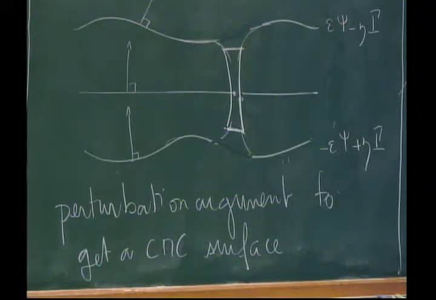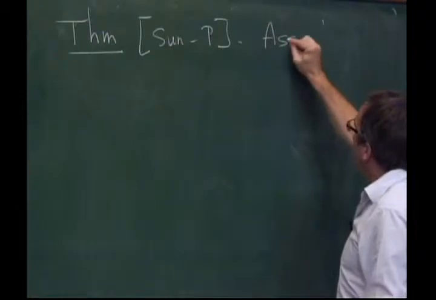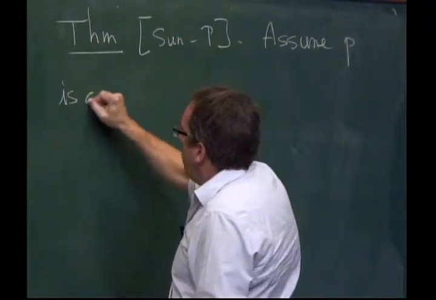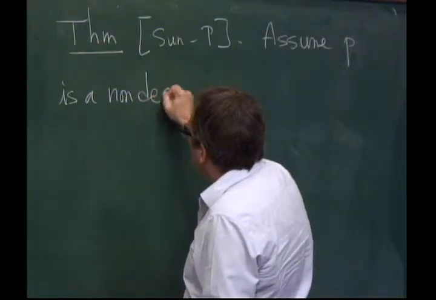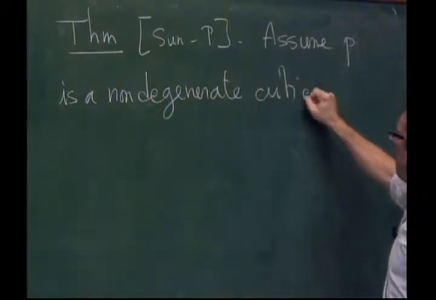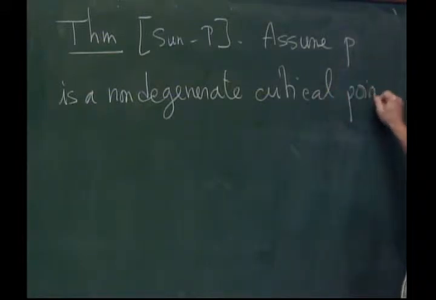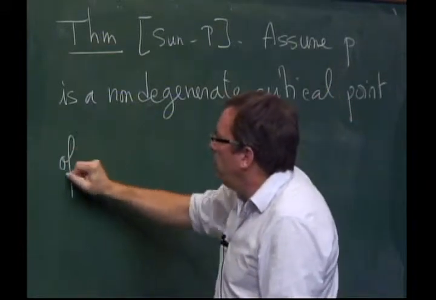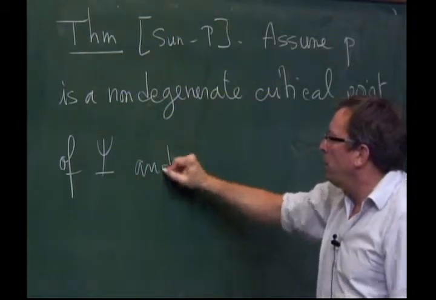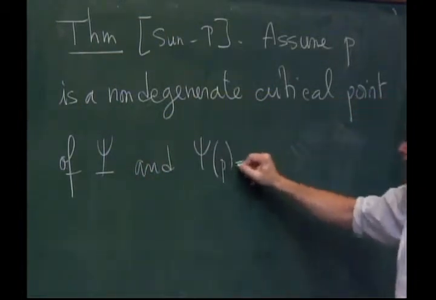So there is a theorem that I obtained with Sun, which is: you have to assume P is a non-degenerate critical point of the function psi, and further assume that psi of p is not 0.